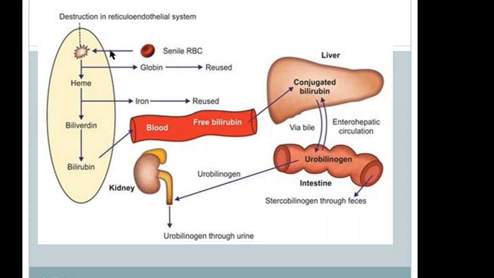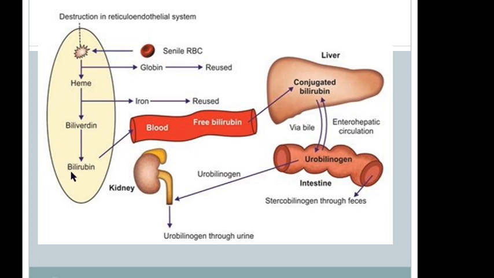Senile RBCs are destroyed in the reticuloendothelial system, and converted into heme and globin. Globin is reused, and this heme is again converted into bilirubin and biliverdin, and iron is released, and this iron is again reused, and this biliverdin is converted into bilirubin.